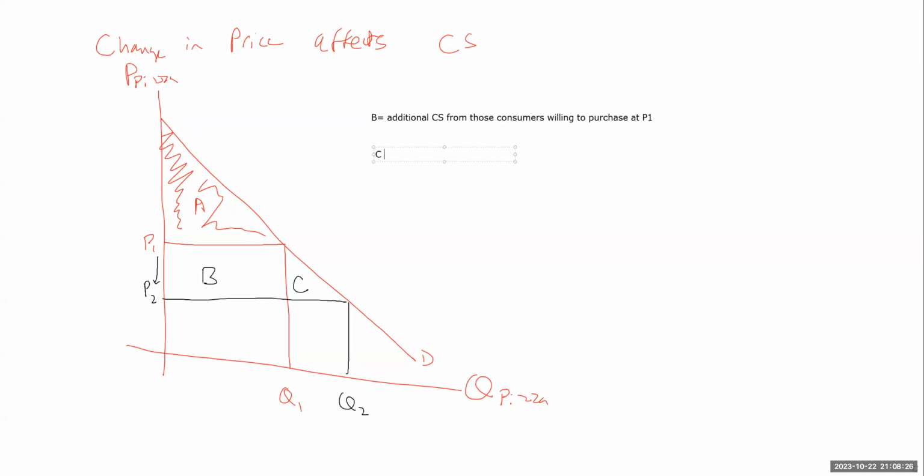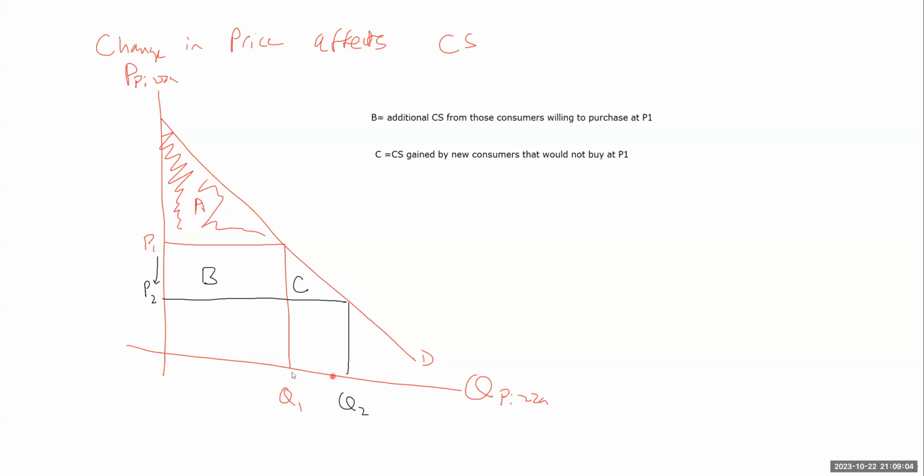C is the consumer surplus gained by new customers that would not buy at that original price of P1. Okay. So when the price falls to P2, more people enter, and then they end up buying the difference between Q2 and Q1.